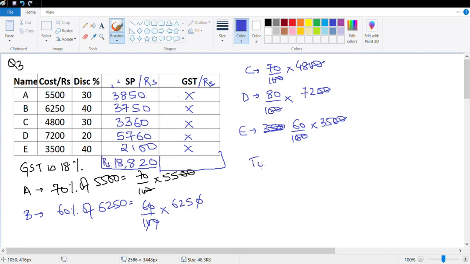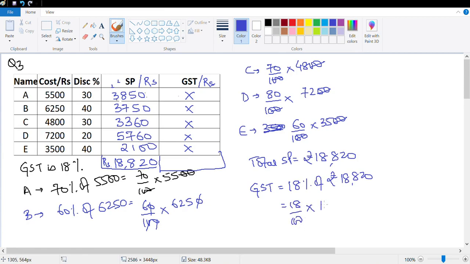So total SP is equal to rupees 18,820. And what will be the GST? GST will be equal to 18% of rupees 18,820, which is 18 upon 100 into 18,820. 0 goes, 0 goes. Now this is a calculation which we need to do.